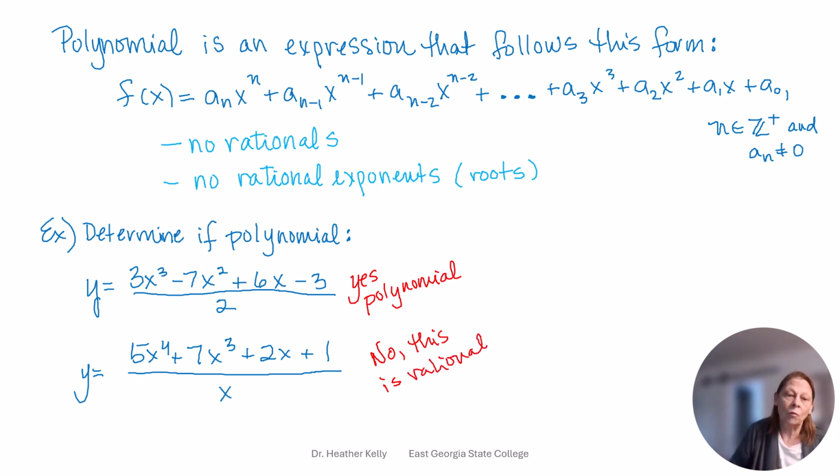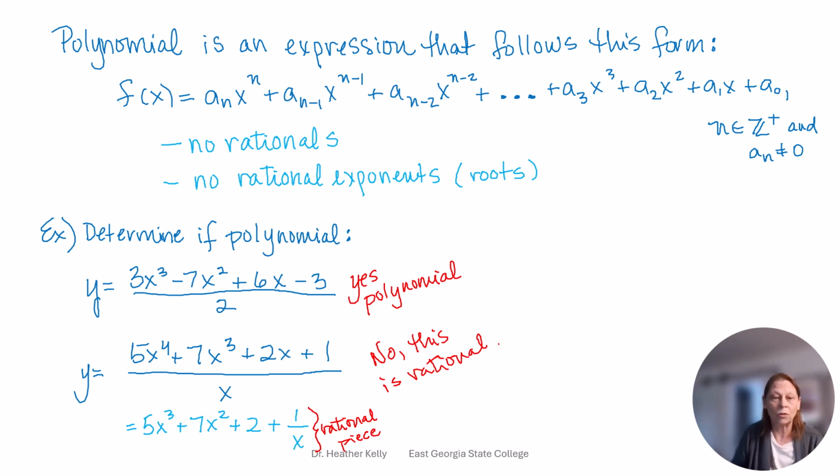And you may want to argue that we could simplify this, and if we were to simplify this, we could get 5x cubed plus 7x squared plus 2, but we would still have this rational piece, 1 over x. This is the rational piece. So this would not be a polynomial.